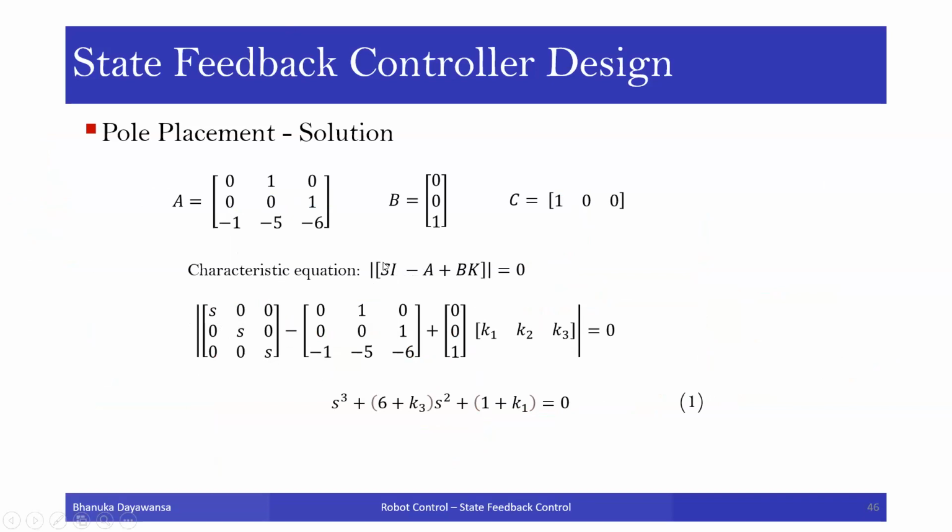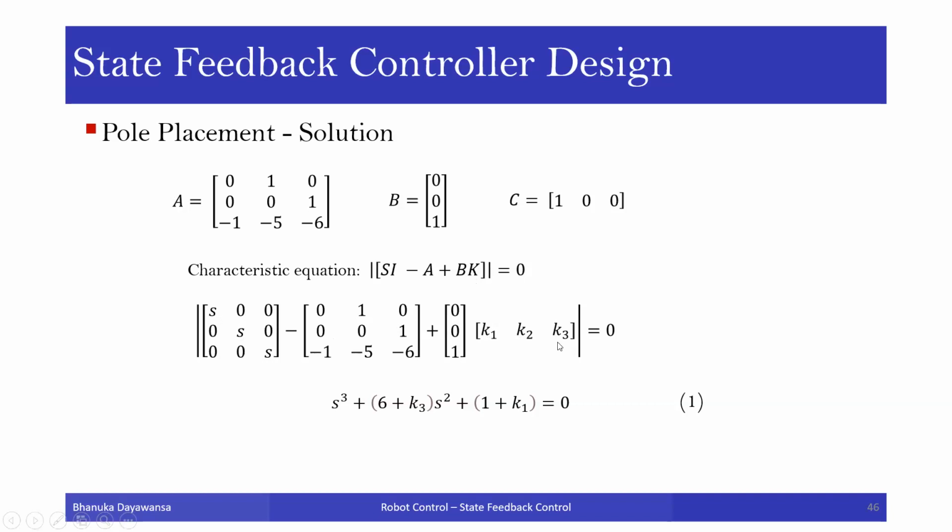You multiply that by a constant s, where s is simply j omega, like what we have for the Laplace variable. We multiply by s and you get this matrix. Minus A is the state matrix, and B is this. K is the state feedback gain.